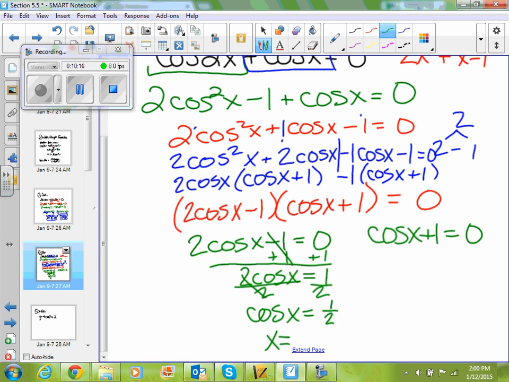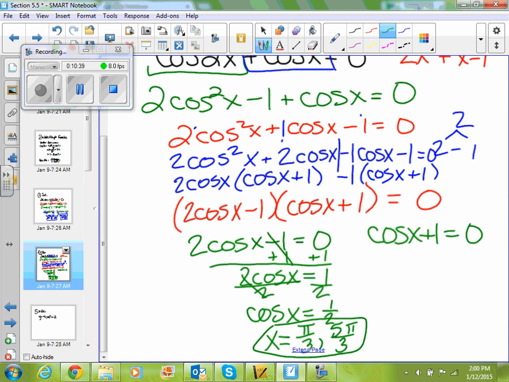So where does my cosine of x equal 1/2 at? Okay, so pi over 3 and 5 pi over 3. So that's my first set of answers.